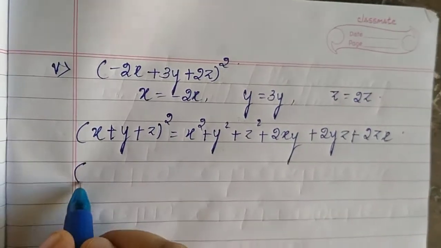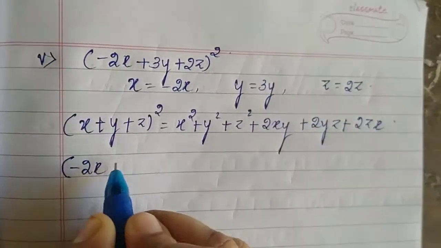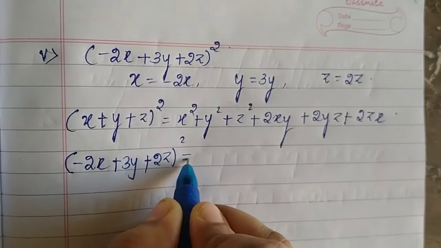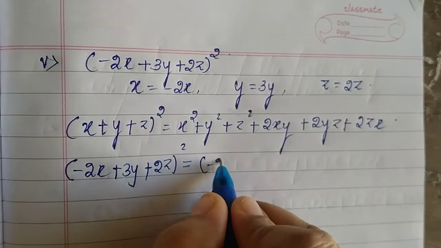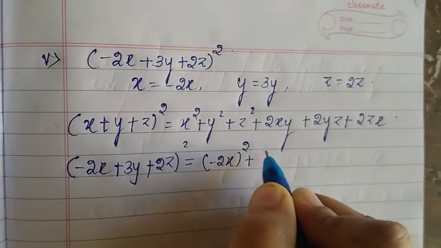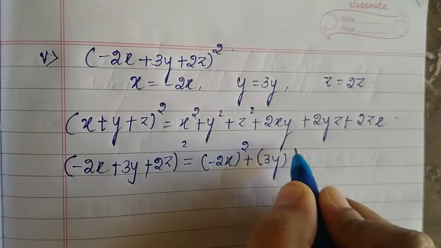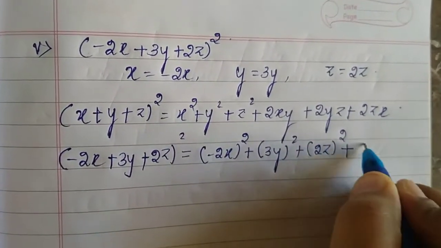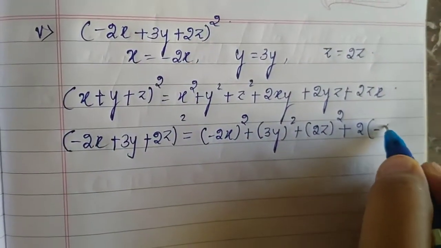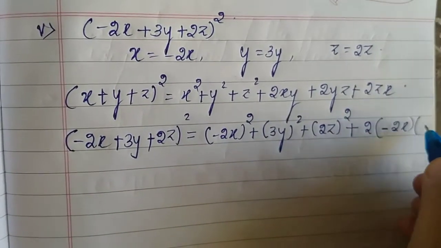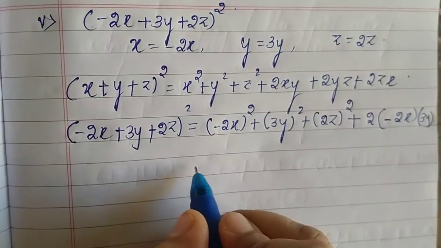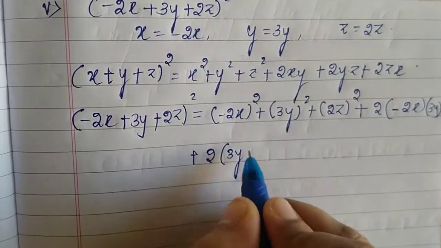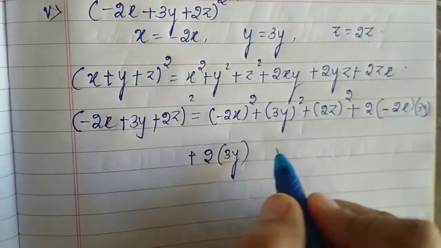So now in place of this, minus 2x plus 3y plus 2z the whole square is equal to x square is nothing but minus 2x the whole square plus 3y the whole square, z square is nothing but 2z the whole square plus 2 into x is nothing but here minus 2x and y is nothing but here 3y, plus 2 into y is nothing but here 3y and z is nothing but here 2z.